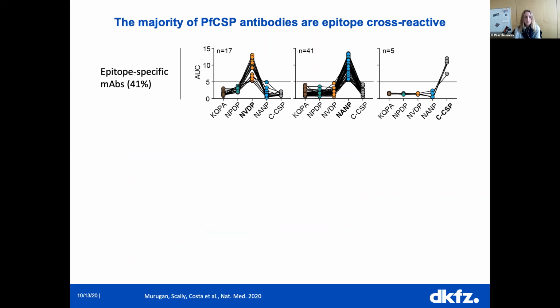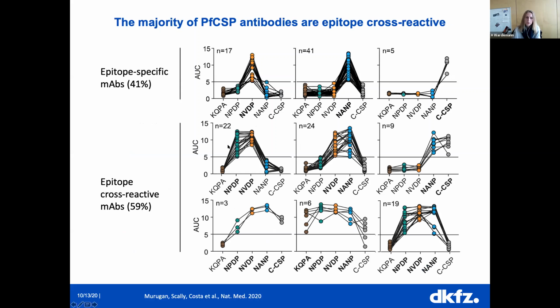And so when we look at the binding profile of individual antibodies, shown here, we see that some bind only a single peptide, but actually the vast majority show cross-reactivity to one or two or more of these peptides, as depicted here.